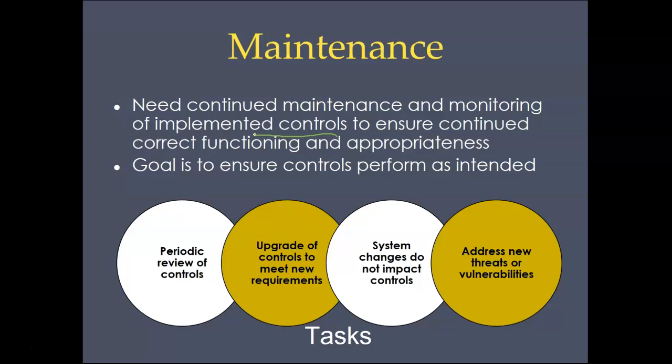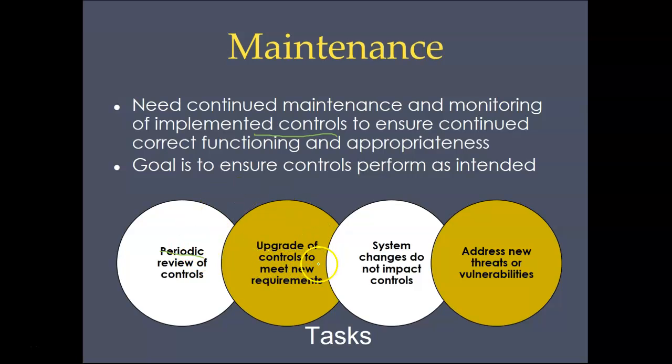But the new version of the software might have bugs, so it will create more problems. That's why I need to monitor the implemented controls to ensure continued correct functioning and appropriateness. Why? To make sure that things perform as intended. This maintenance has to be periodic, meaning timely. For example, I have to review it every week or every month or every few months.